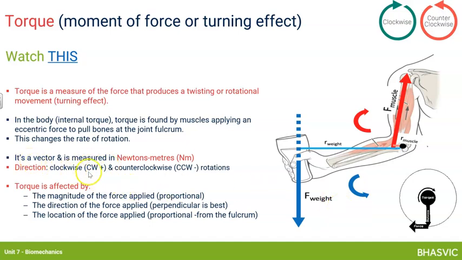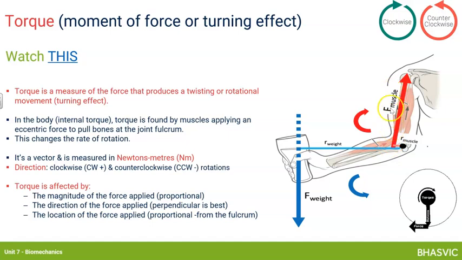So remember that torque is a vector. It's got a magnitude, how much torque is there, and there's a direction. So we should really refer to up, down, clockwise or counterclockwise. So torque is affected by a few things. Obviously, how much force is applied, the direction it's applied in.